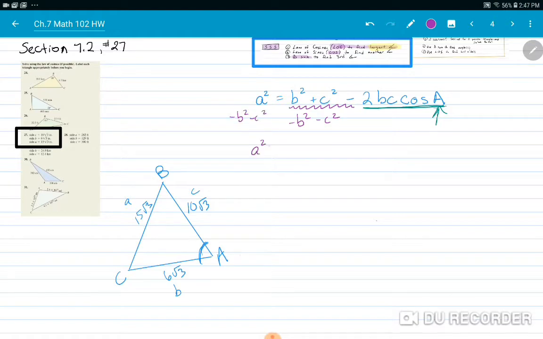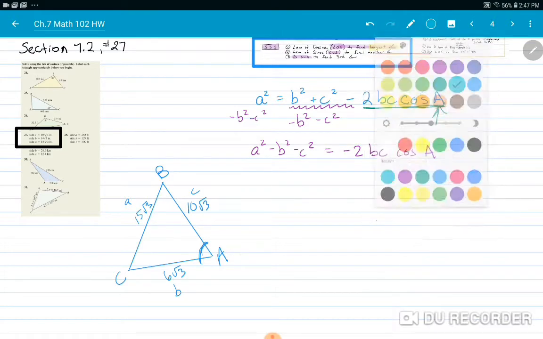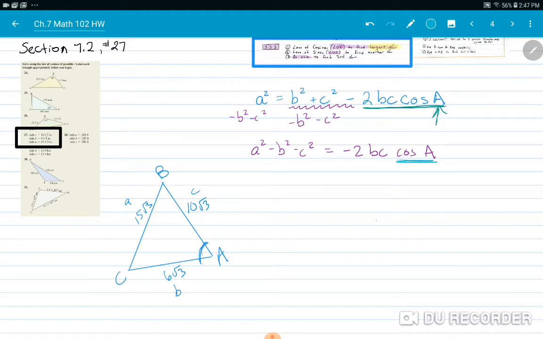So I get A squared minus B squared minus C squared equals negative 2 BC cosine of A. And then to get the cosine of A by itself, I'm going to divide this whole thing by negative 2 BC. So I get that cosine of A equals A squared minus B squared minus C squared all over negative 2 BC.